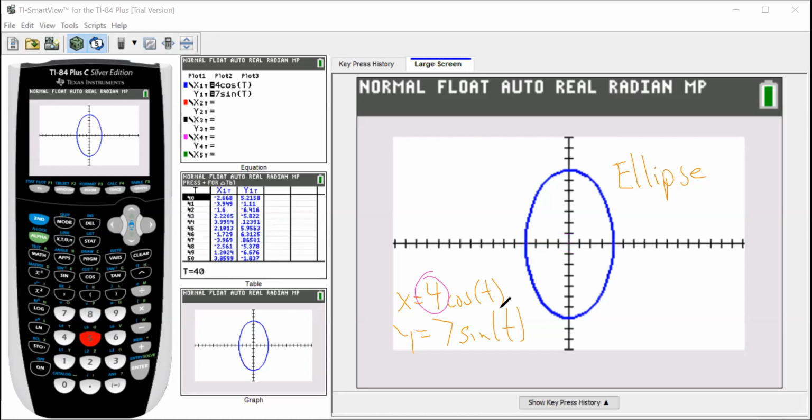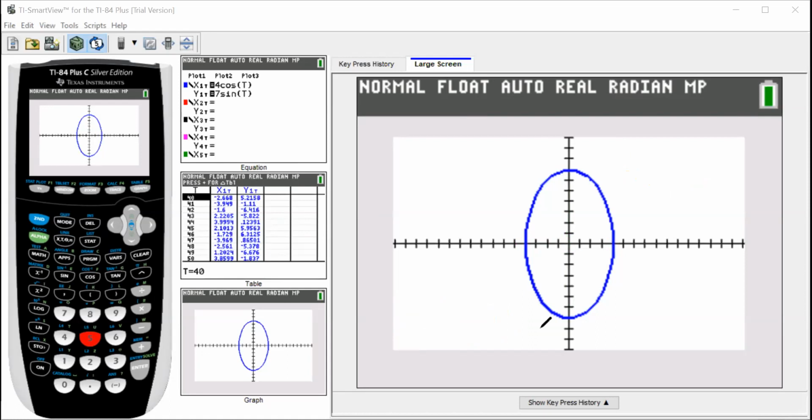On the vertical axis for the y values, from the center it looks like we go up 7 in one direction and down 7 in the other, and there's a 7 there in front of that. Well, that's interesting.